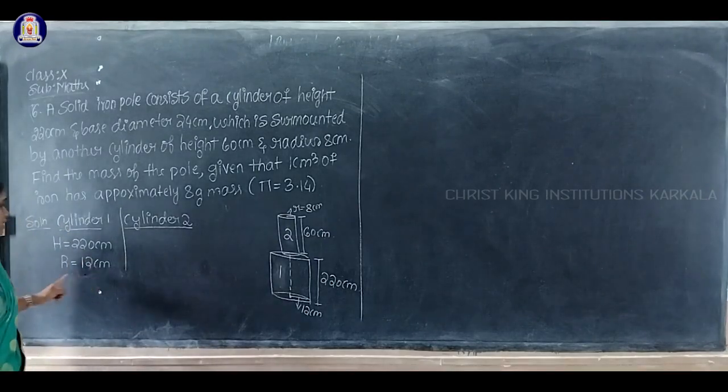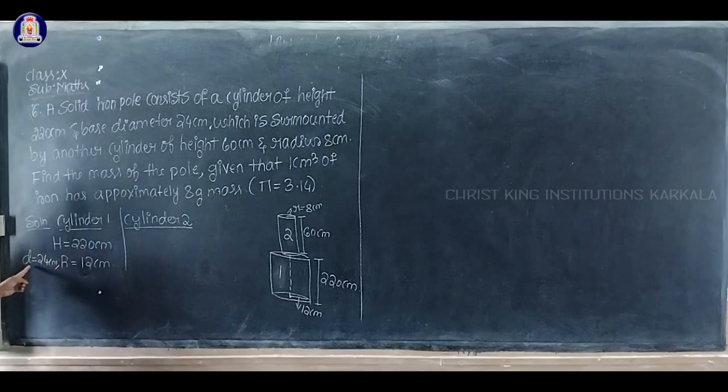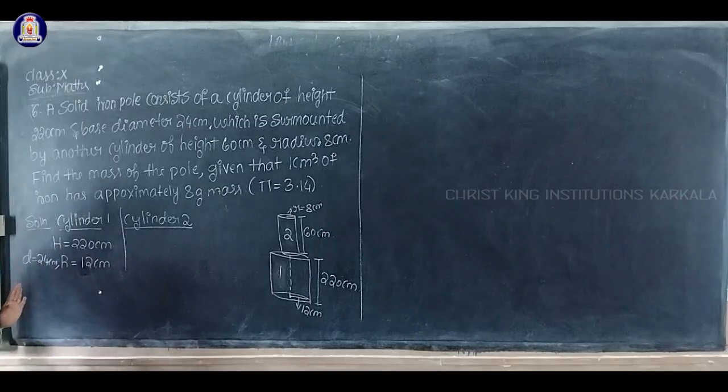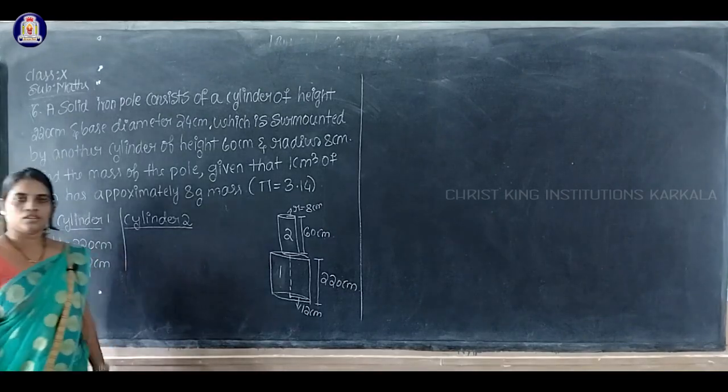Why is it 12 centimeter? Because the diameter is given, diameter equal to 24 centimeter. We know that radius is half of the diameter. So what is half of 24? 24 by 2 equal to 12, isn't it? So this 12 is the radius of cylinder 1.